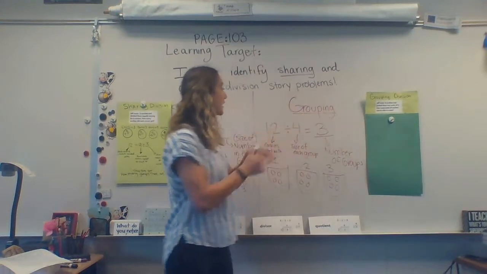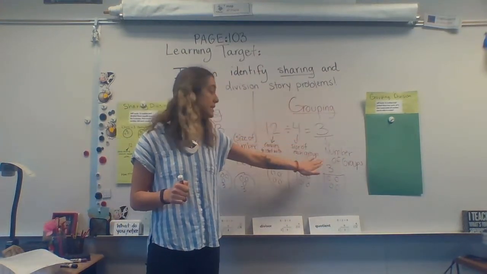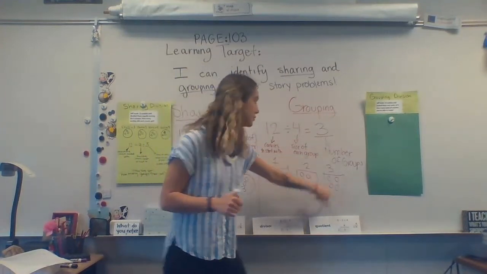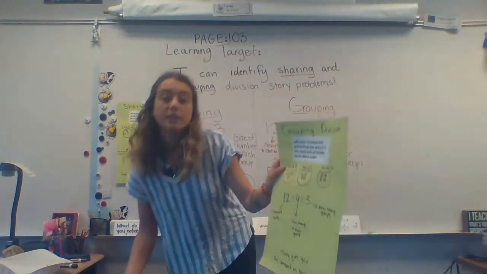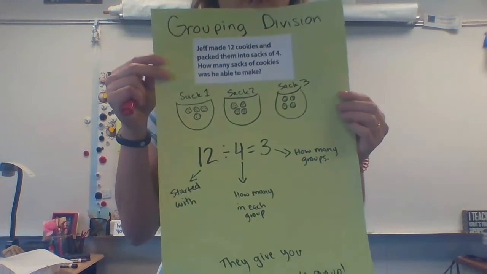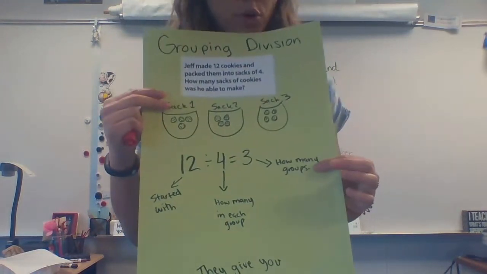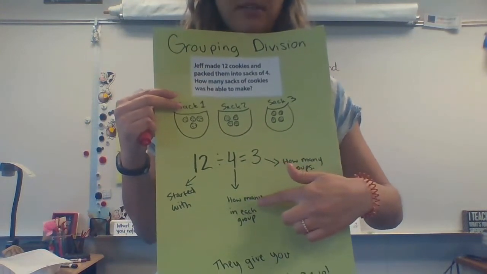So whenever you have a grouping problem, your quotient, your answer, is going to be the number of groups you made. So if we look over at our grouping poster, there's 3 sacks. 3 is how many groups we made. We knew that there was 4 in each group. That's what we started with.